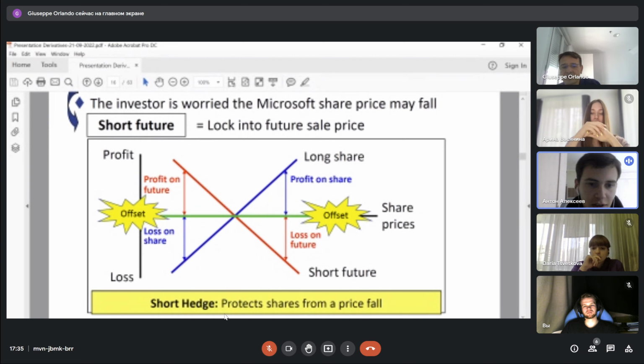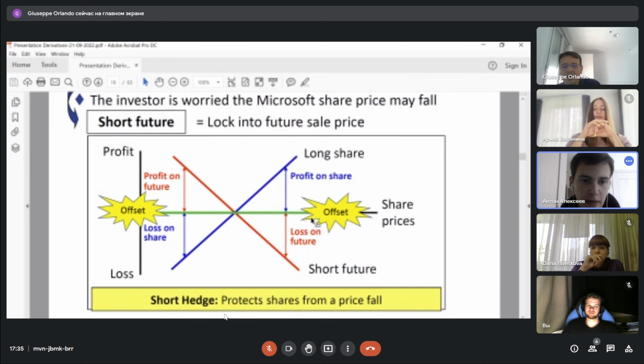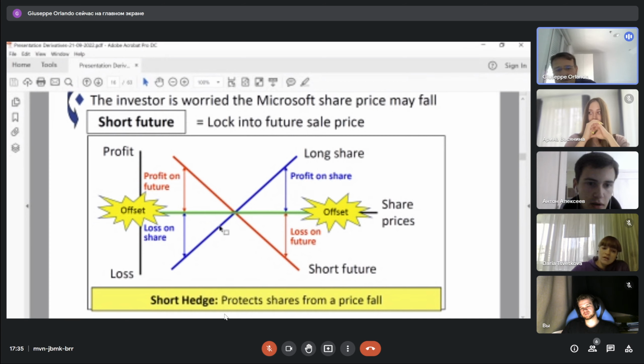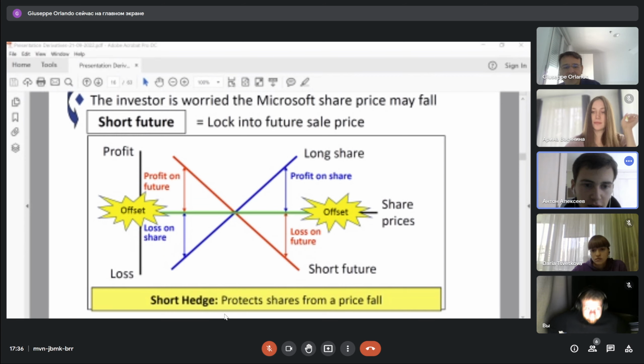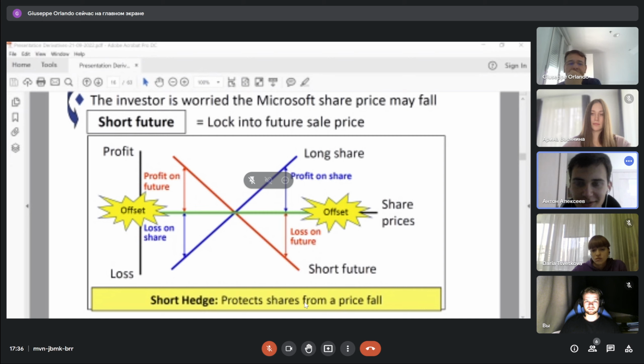Yes, it's clear, but I can't understand. Maybe this picture is only for our learning and understanding the whole process. No, this is exactly for the process and for you to learn. I can't understand why we should buy. Maybe it would be better for us if we don't take part in buying long share and short future.